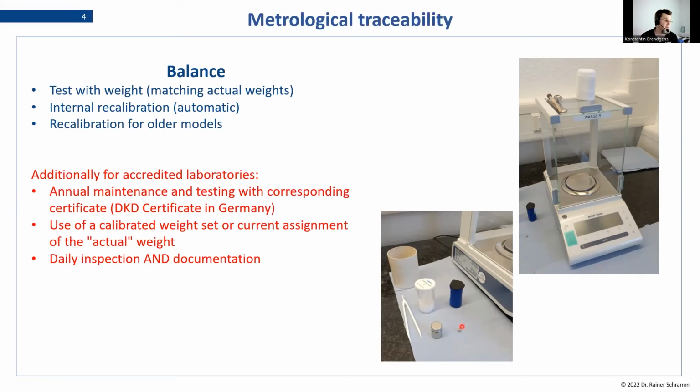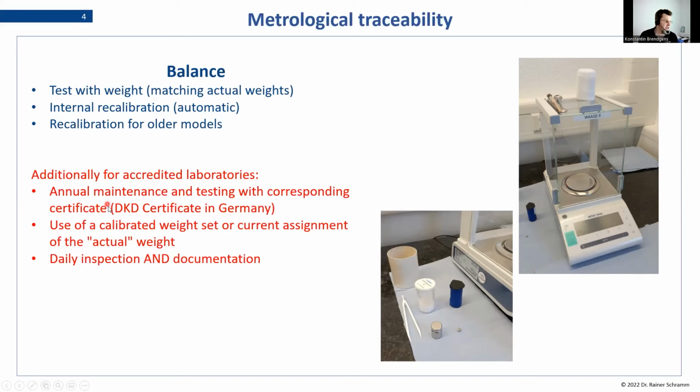Additionally, as an accredited lab, we have to do some more steps. The first one is that each year, we have to do the maintenance and testing of each balance we use. We have multiple ones, so each one has an annual date where it gets tested.